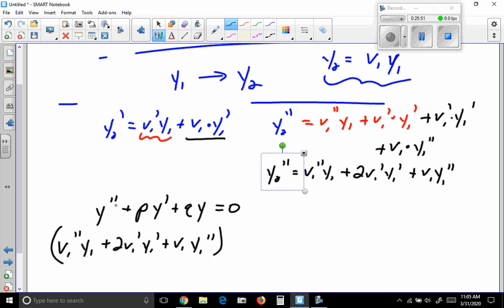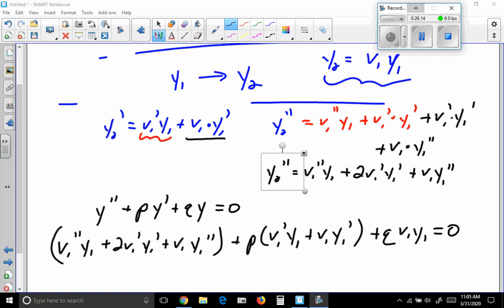That's y double prime, plus p times y prime. Y prime is v1 prime y1 plus v1 y1 prime, plus q times y, and y is v1 y1, and that equals 0.